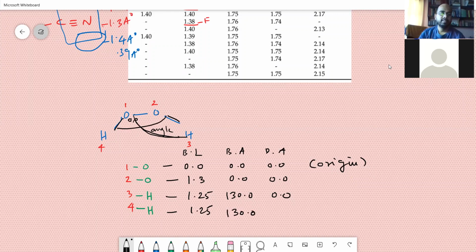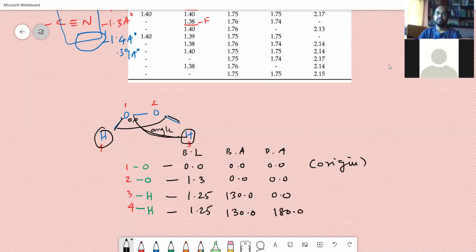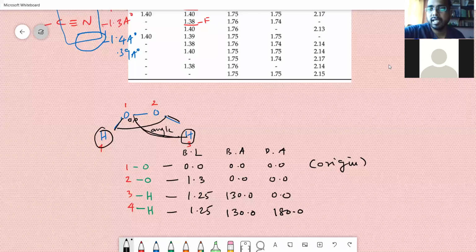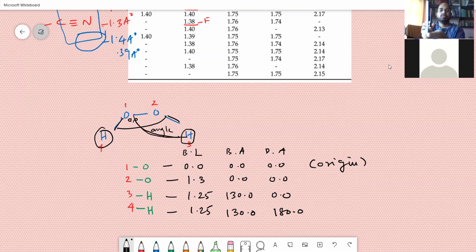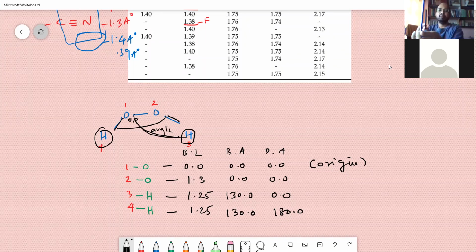Between 3 and 4, the dihedral angle is 180 degrees. What is the dihedral angle? I'll try to explain it here. You can see that this pencil and this pen are in the same plane.